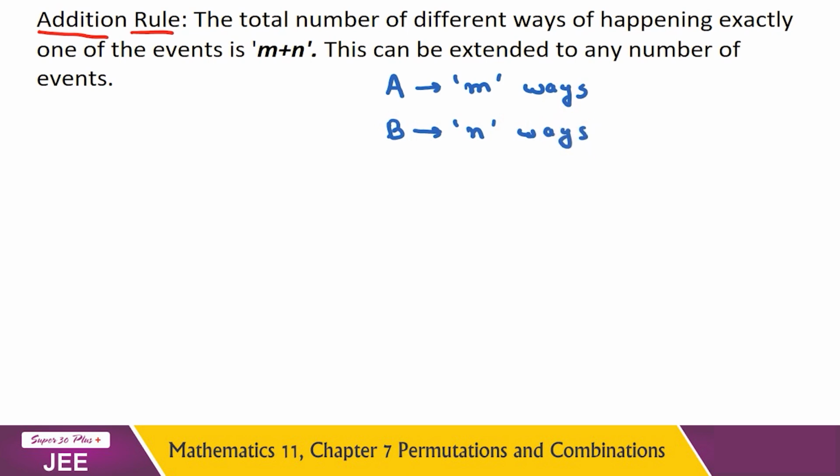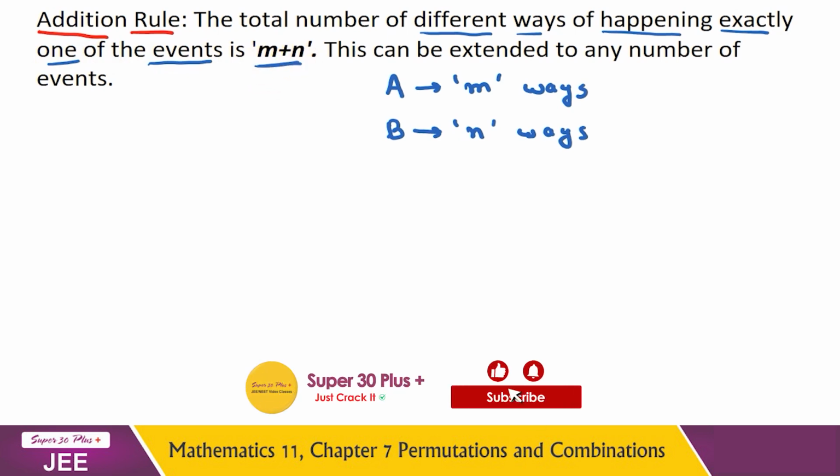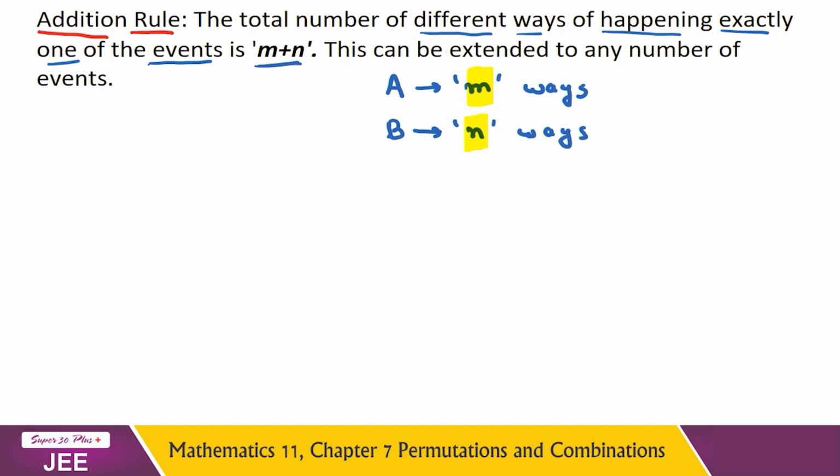So now if we want to calculate the total number of different ways of happening exactly one of the events A and B, then the total number of different ways is going to be m plus n, which is simply the addition of the number of ways over here and the number of ways over here. And this can be extended to any number of events. Alright, so this is the definition of the addition rule.